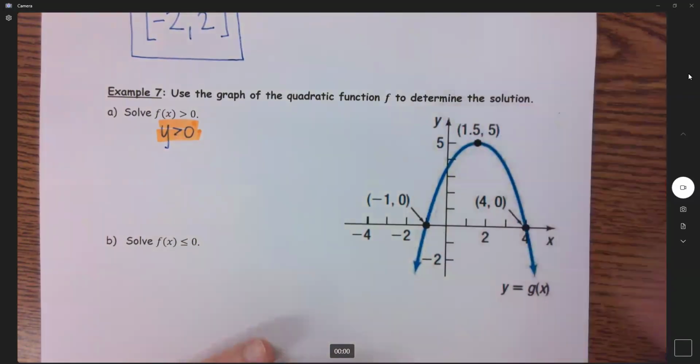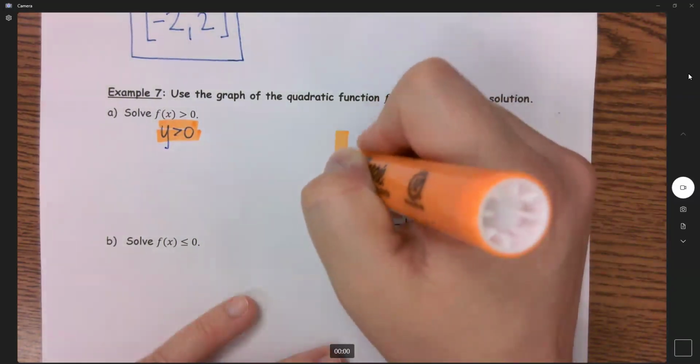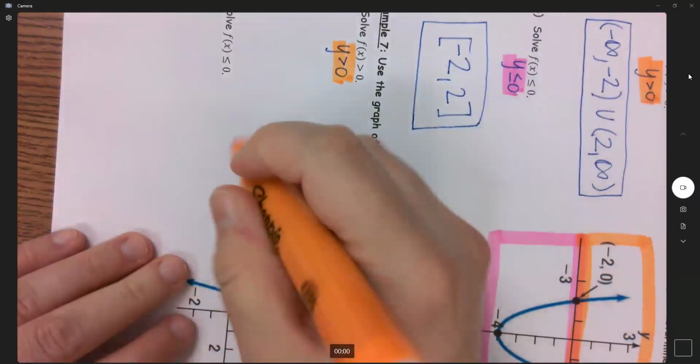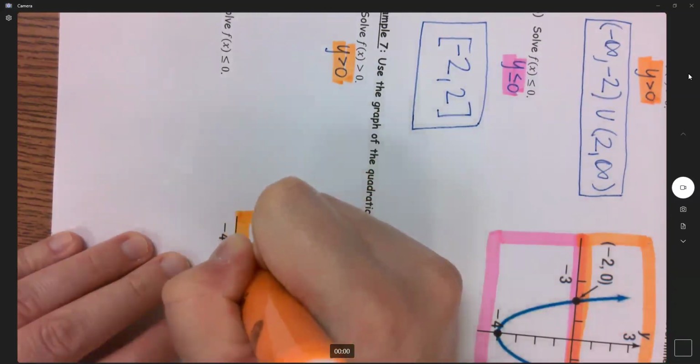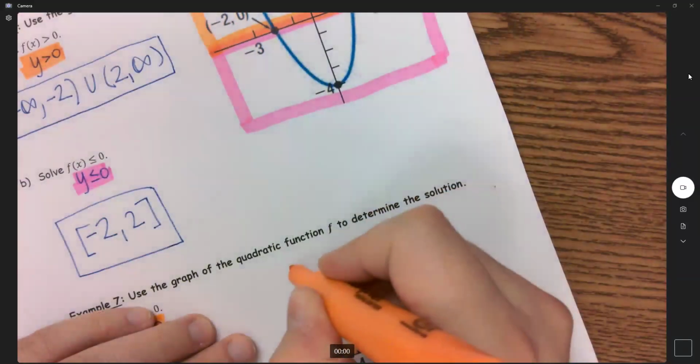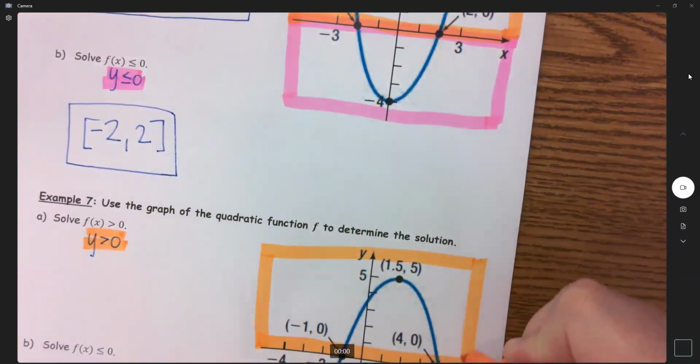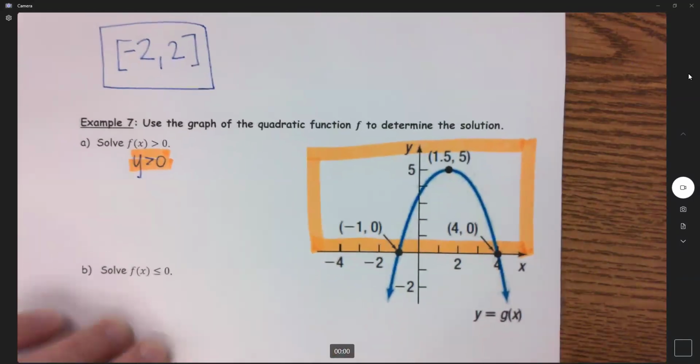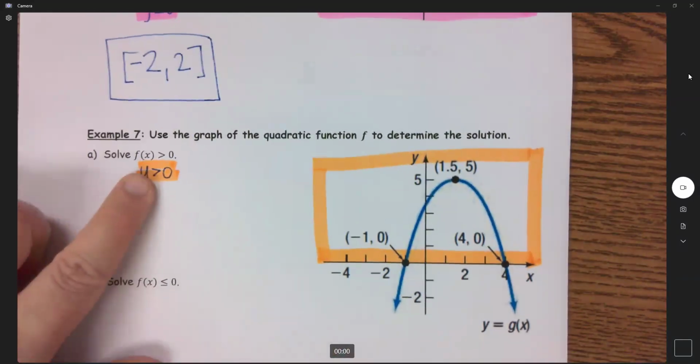That's everything here above that x-axis. So I'm going to kind of turn this page this time, but this is not including that x-axis. Everything in this section has a y value that's greater than 0.